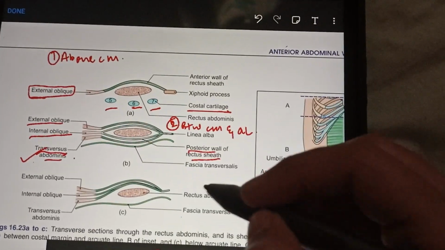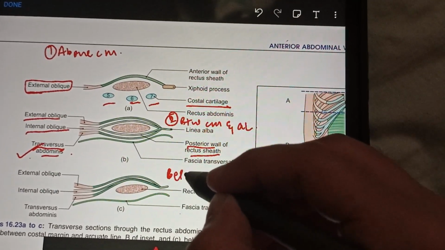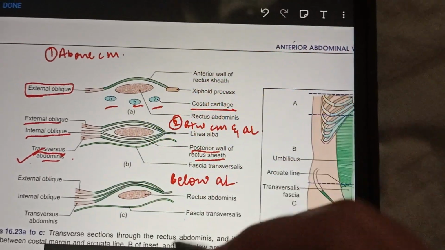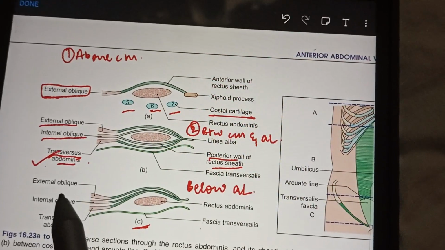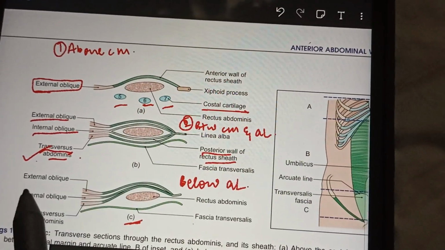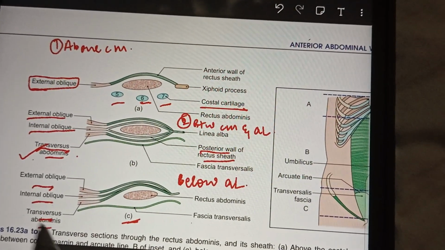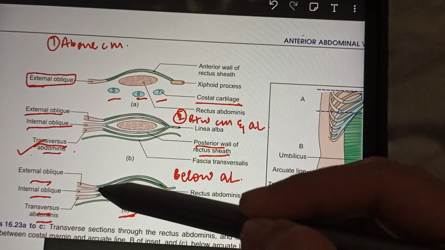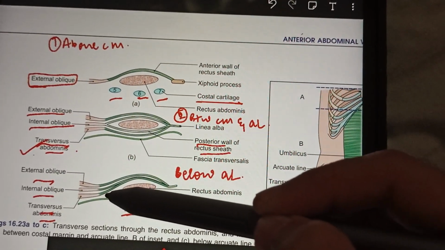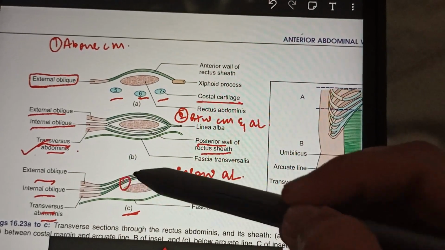So now if we see below the arcuate line here, anteriorly it is formed by all the three muscles: external oblique, internal oblique, transversus abdominis. And if you see here, internal oblique and transversus abdominis both are fused over here.